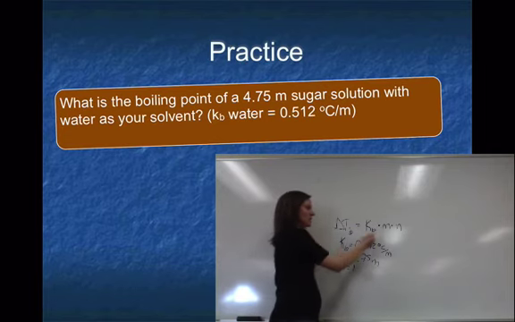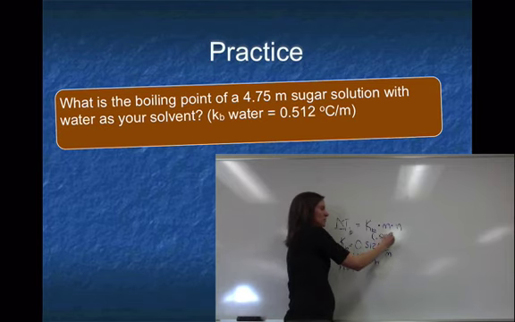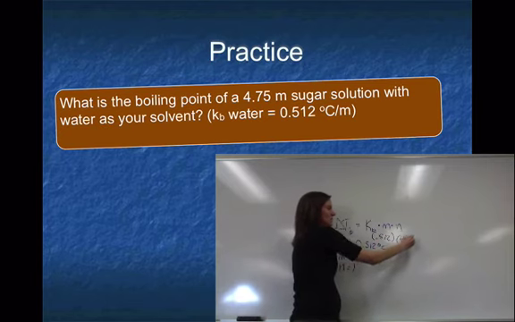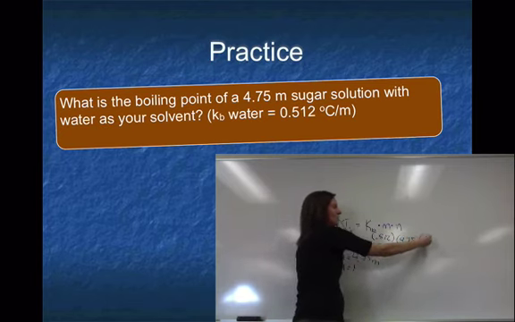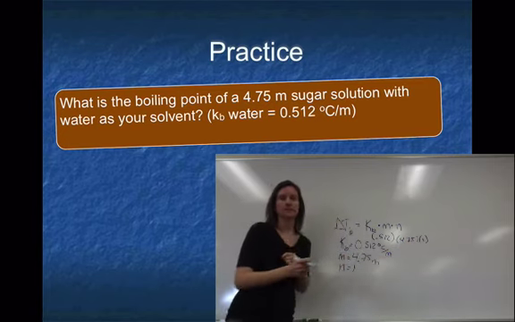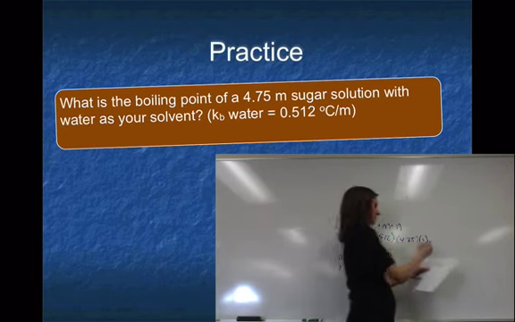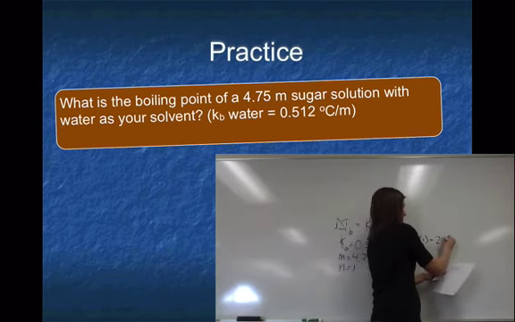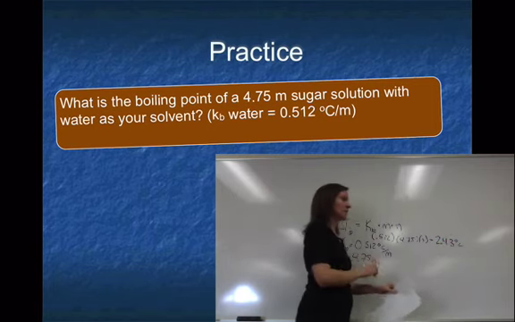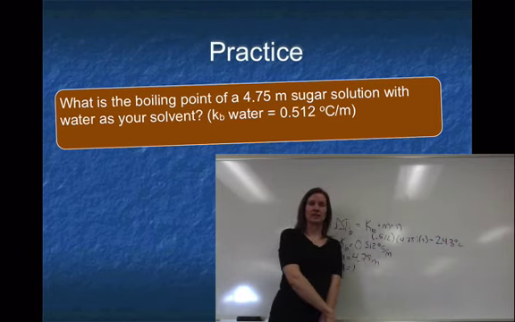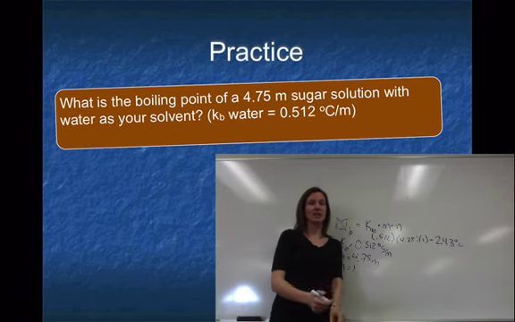So now you just plug it in: 0.512 times 4.75 times 1, and that equals 2.43 degrees Celsius. Now this problem isn't done because I'm asking for the new boiling point.